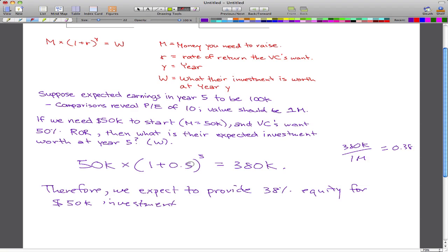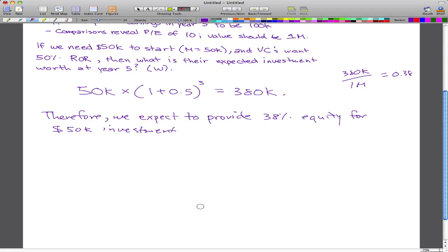If they ask for 50% ROR and a 50% equity stake, then what's really happening is they're scamming you, and that is really not what you want for your hard work. At 50% ROR, they really only deserve 38% equity, not 50%.